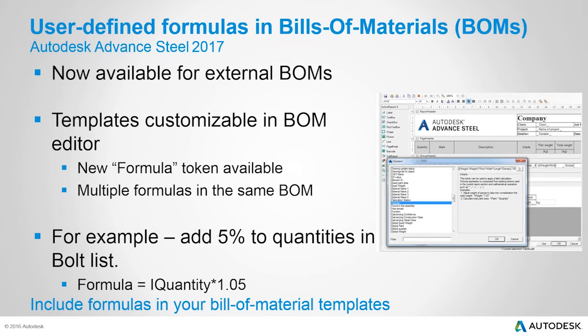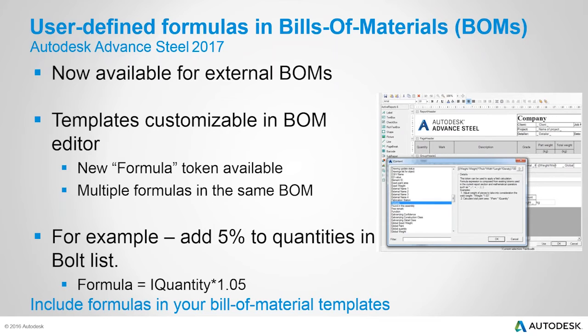So to do this, whenever you're editing the field content of a box, instead of choosing just an existing token, you can now choose a new token called formula. Once you do that, the line at the top right of that content dialog box has the arrow on the end, and you can use that to select any of the properties already showing on that list. And you can use any of the standard maths operators, plus, minus, divide, and times, along with brackets, to build up your formula.